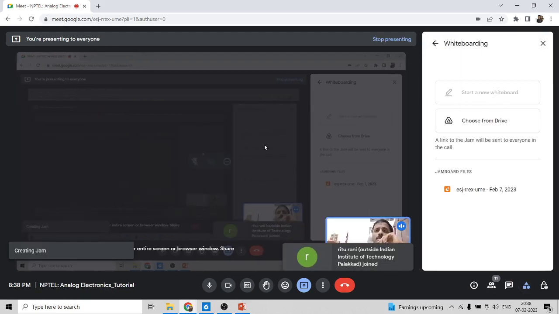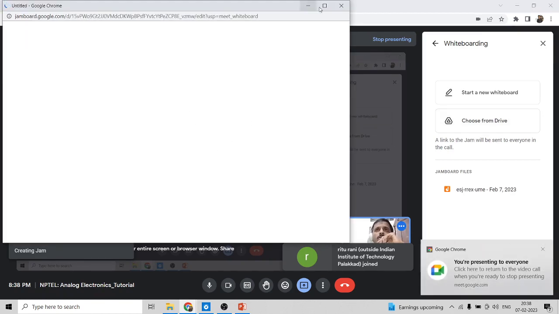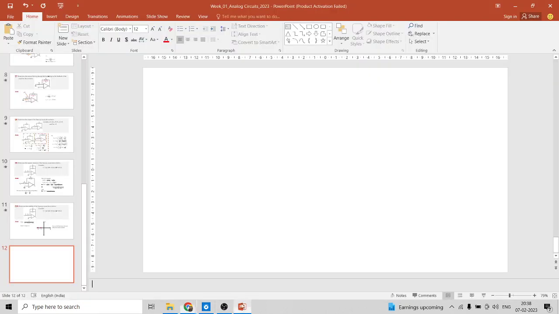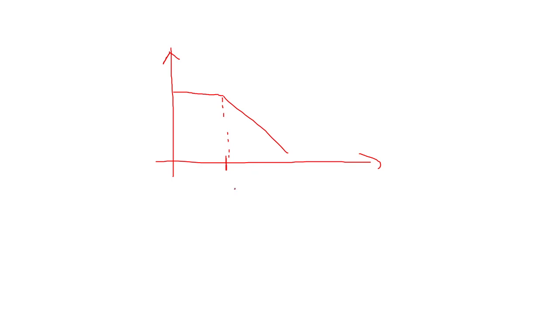Okay, I will write here. It's like this, right? At what frequency it is getting that cut off or roll off, that is important. So whether it is in omega or f, no problem, but I guess you can write in both f and omega.